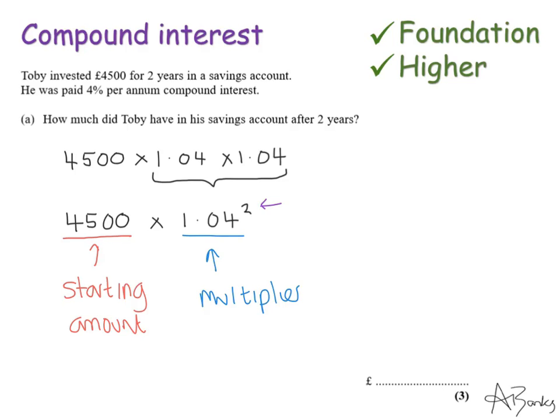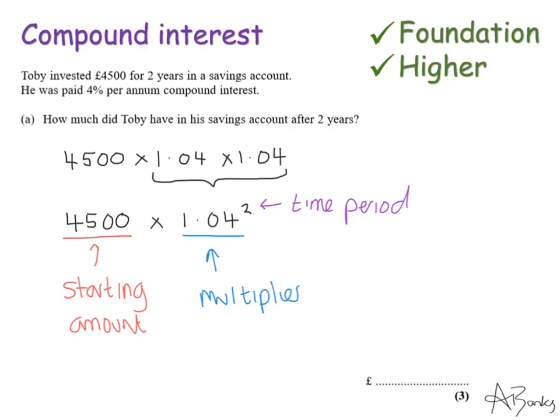So because here it's per annum, which means per year, and it's 2 years, I have a 2 there. So this is time period. The reason I'm not calling it amount of years is because sometimes they can say it's a 0.5% interest every month for a year. So it's how many time periods it goes through.